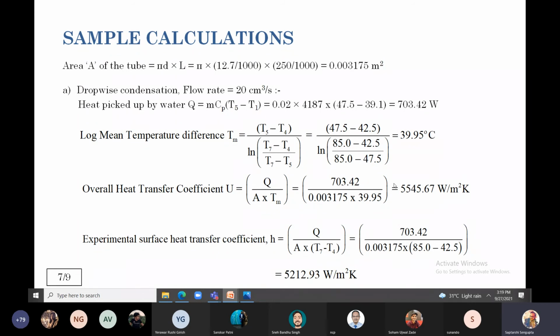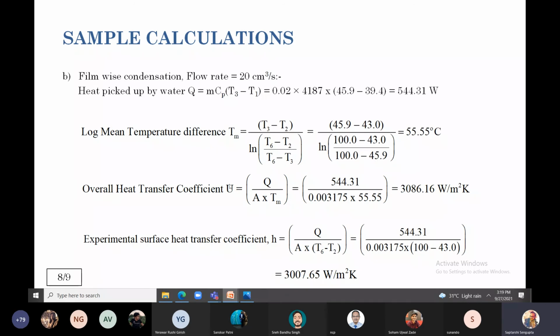We find that the overall heat transfer coefficient and the experimental heat transfer coefficient using Newton's law of cooling both come out to be around 5000 watts per meter square Kelvin. This is for drop-wise condensation. And repeating the same experiment for film-wise condensation, we observed that the heat transfer coefficients are much lower.